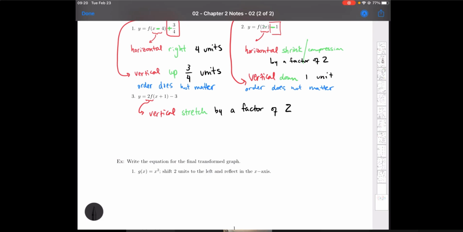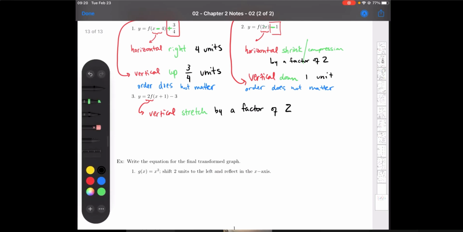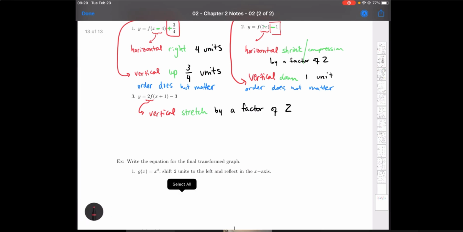What else stands out to you? We took care of the 2 part.